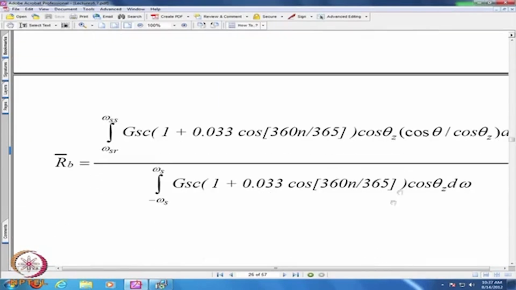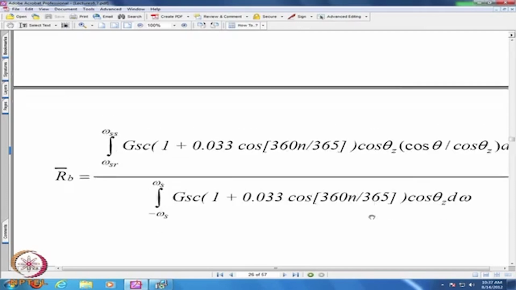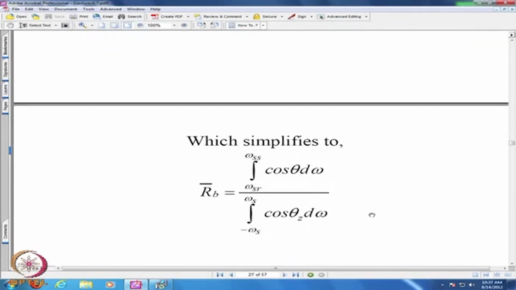If we do that, expand G0, GSC in terms of that, and it is a very easily integrable quantity. It simplifies to, surprisingly, integral of cos theta d omega by integral of cos theta z d omega, integrated of course from apparent sunrise to apparent sunset.